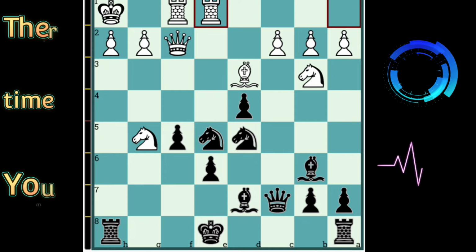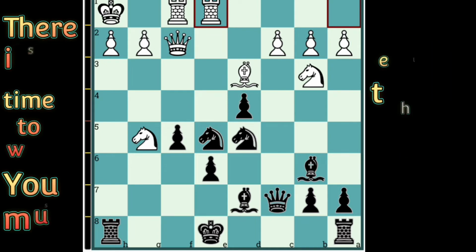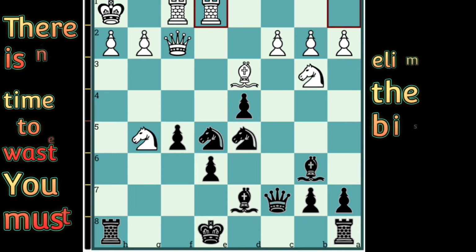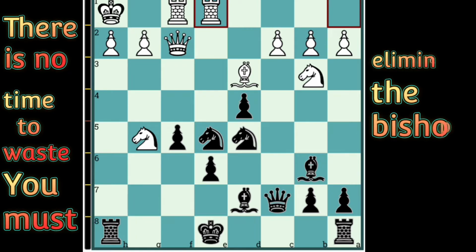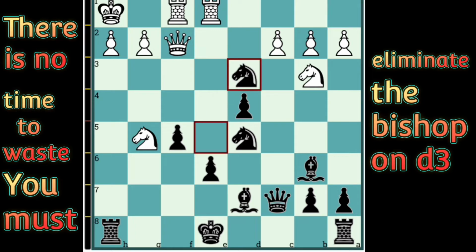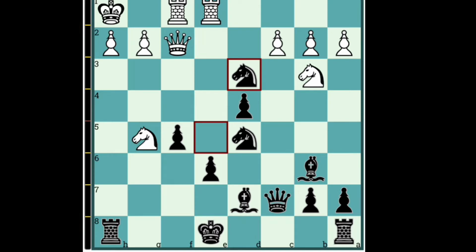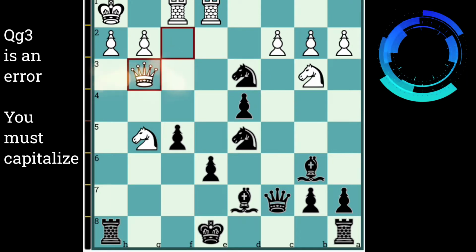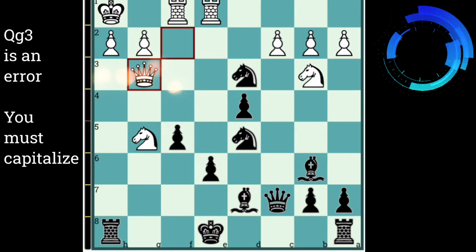You must eliminate the bishop on D3. Queen G3 is an error. You must capitalize.